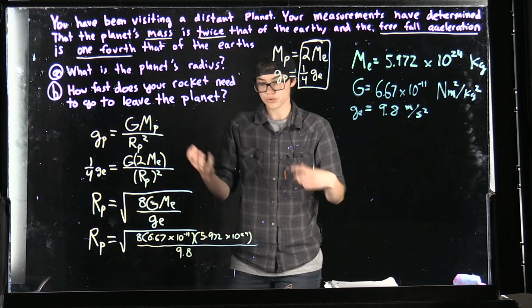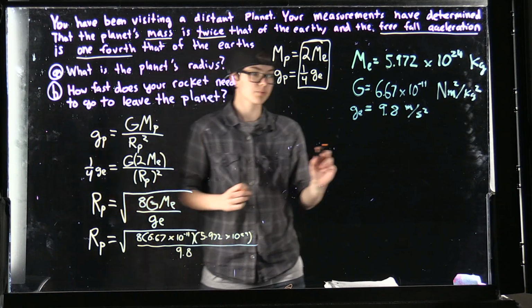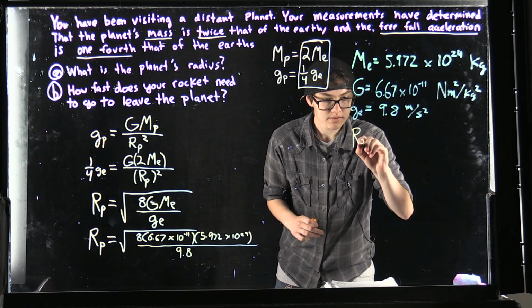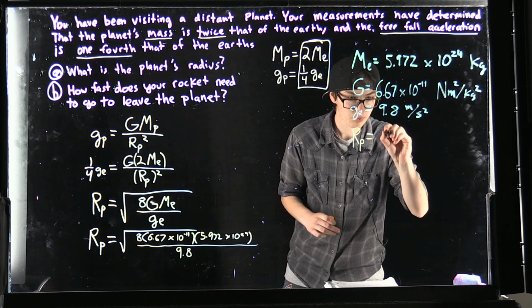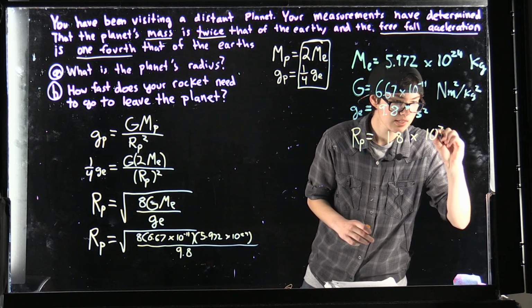You can plug that into your calculator and get the answer, which is, we're just going to put it over here for now, the radius of our planet, equal to 1.8 times 10 to the 7th meters.